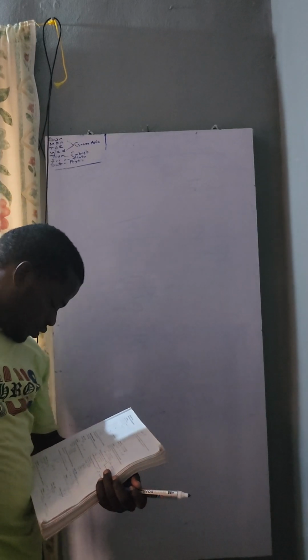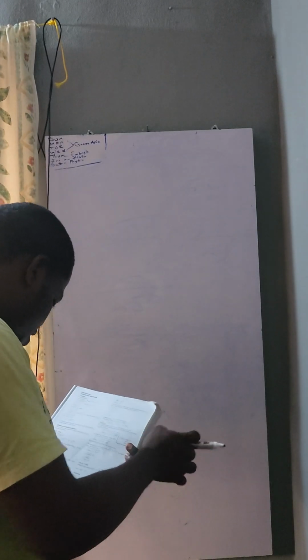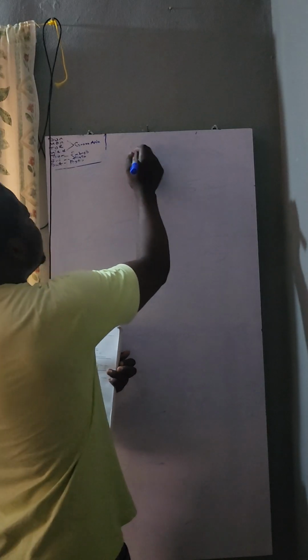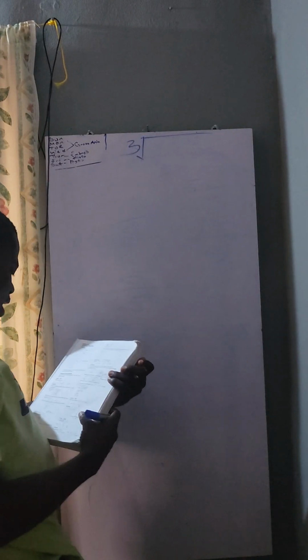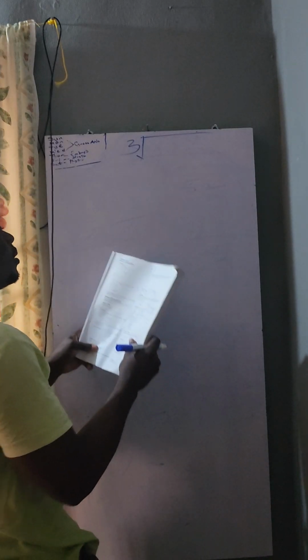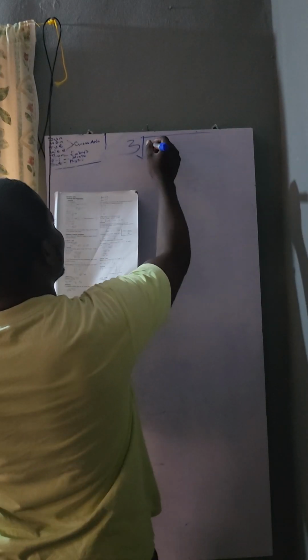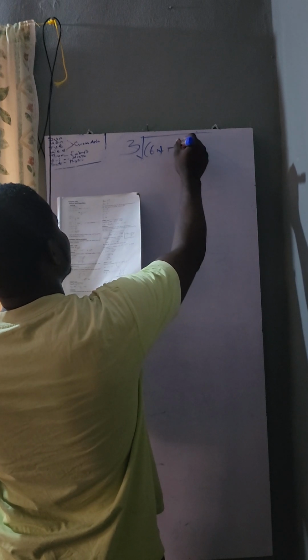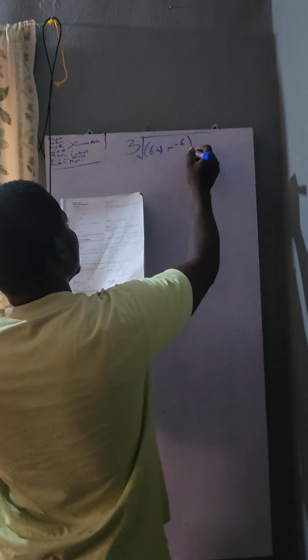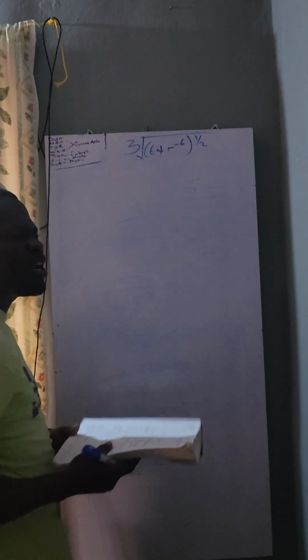Okay, let's solve another question here. I'm having the cube root of open bracket 64 raised to power minus 6, close bracket, 1 over 2. How do I solve this?